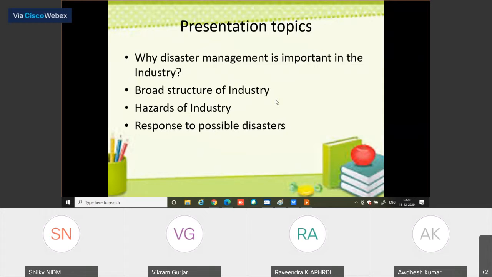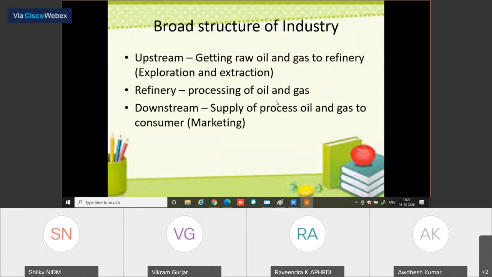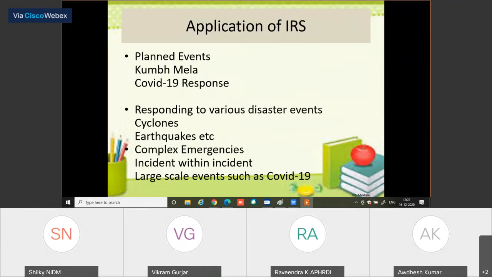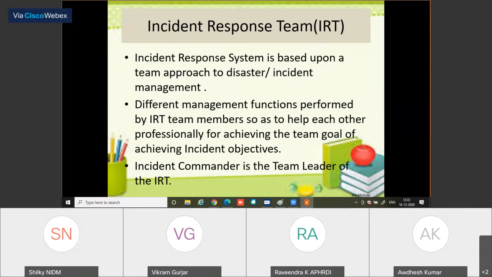Then again I would like to emphasize that this IRS is the modified version of ICS, because the Incident Command System was studied by LBSNAA, then by MHA, then by NDMA, and finally NIDM has been entrusted with imparting training to various disaster management institutes, ATIs, and IRS.